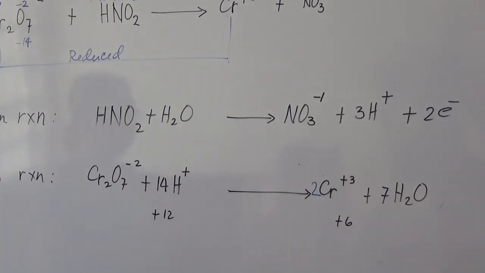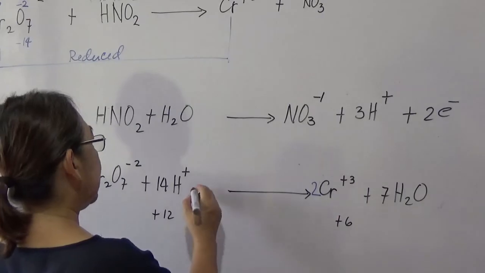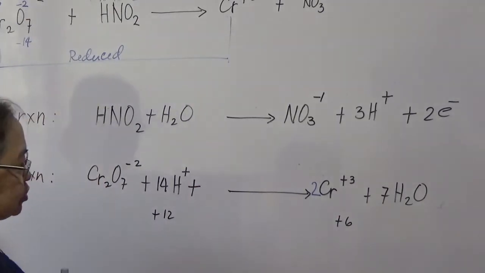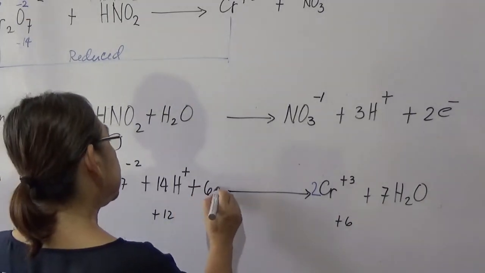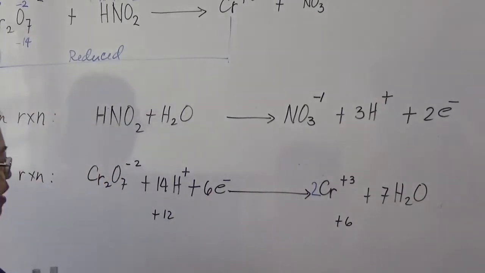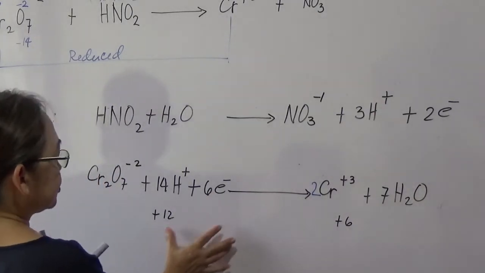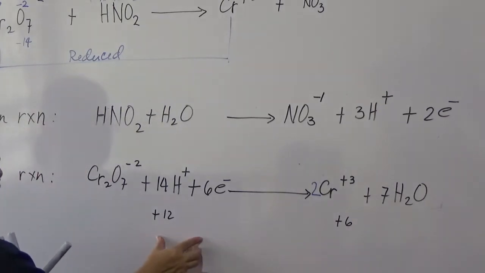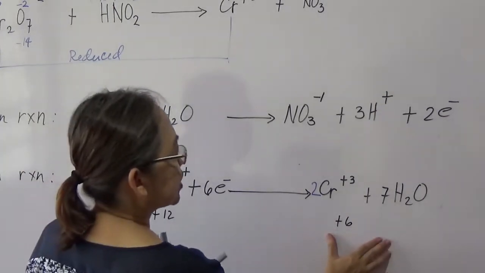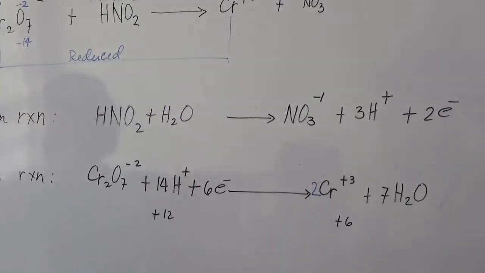Which one has the higher positive sign? So to make it +6, we will add how many electrons? We will add 6 electrons. Okay? So you have +12, -6. So the sum is +6, which is the same on the other side of the equation. Okay?